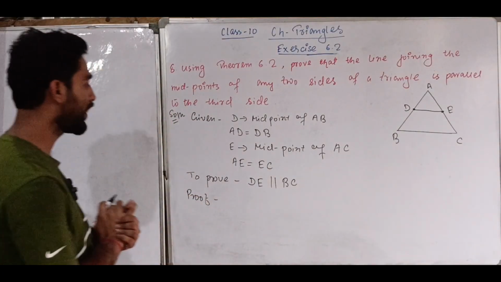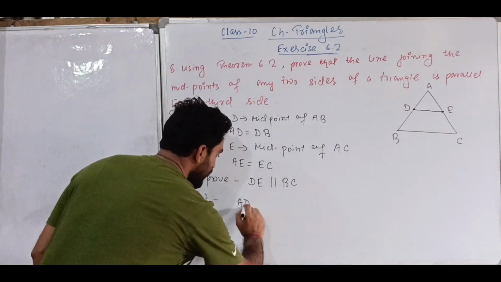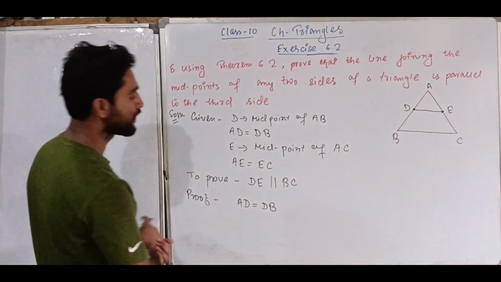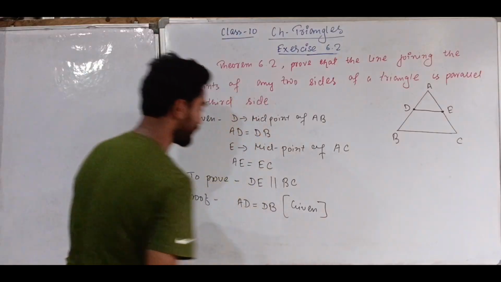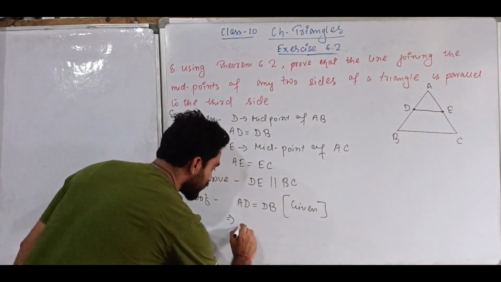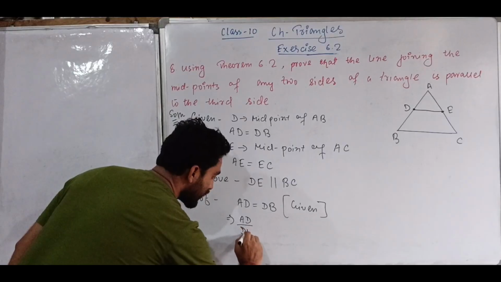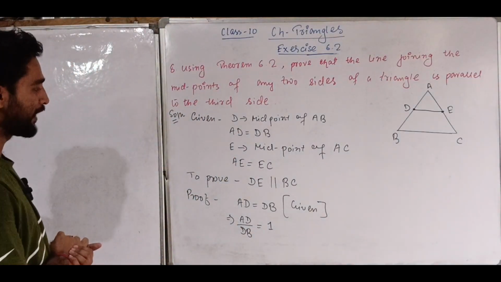So, how can we prove? First information given: this AD is equal to DB. This one is given in the question. Now, if we write AD divided by DB, 1 will be left.